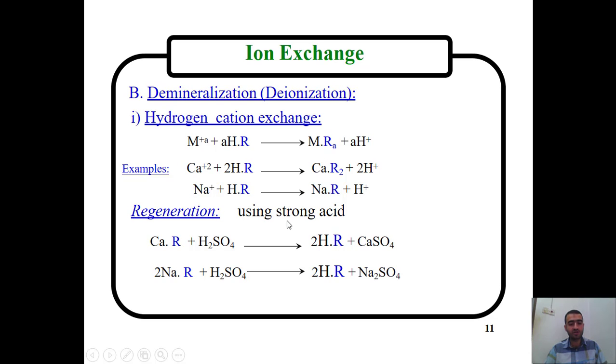The regeneration will use strong acid, not strong brine. Normally the acid is sulfuric acid, so the calcium that is already associated with the resin will be treated with sulfuric acid, and then we will have the final regenerated cation exchange resin, already reproduced and ready for another cycle of treatment.